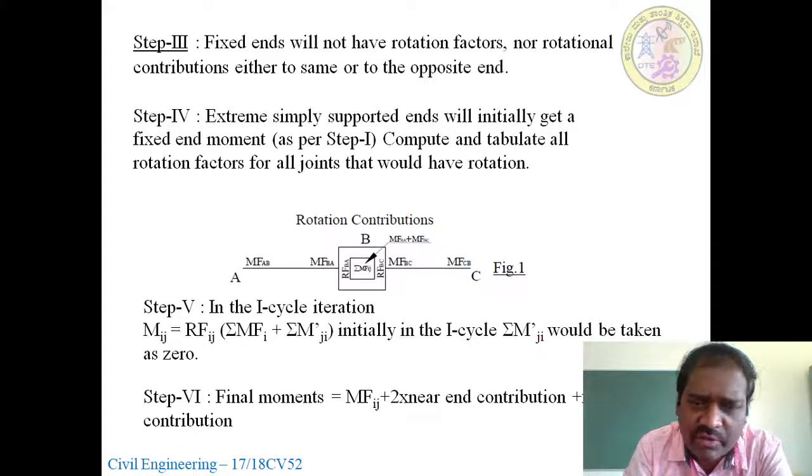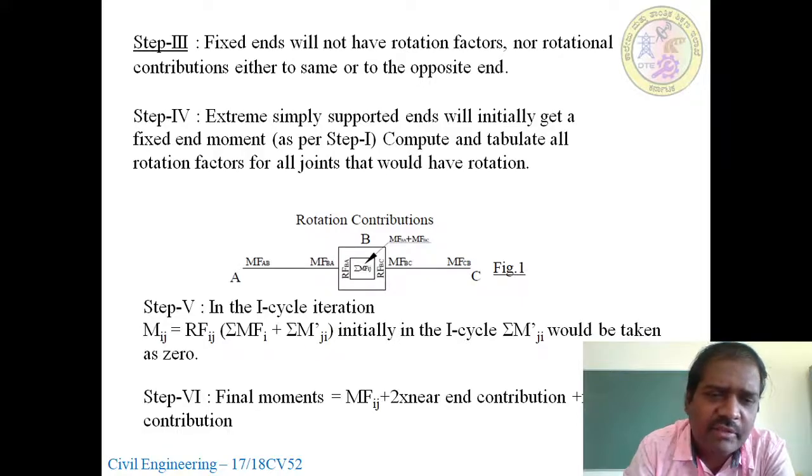If you have confusion here, I will solve in the example. And the final step, the final moments: MFIJ, the fixed end moment, plus 2 into near end contribution plus far end contribution.